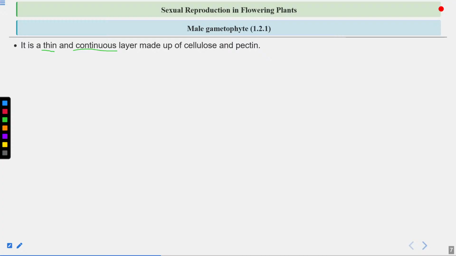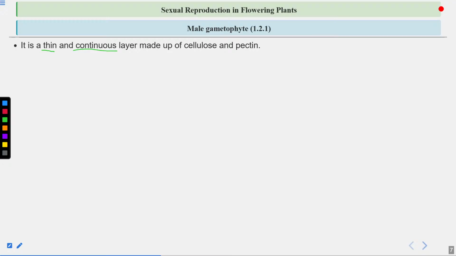And yesterday I got a very good question from one of the students. I don't know who asked that question. The pollen tube is an emergence of what? Whether it is a plasma membrane, whether it is an intine, whether it is an exine. So this pollen tube is the emergence of this particular intine layer, which we are talking about now.